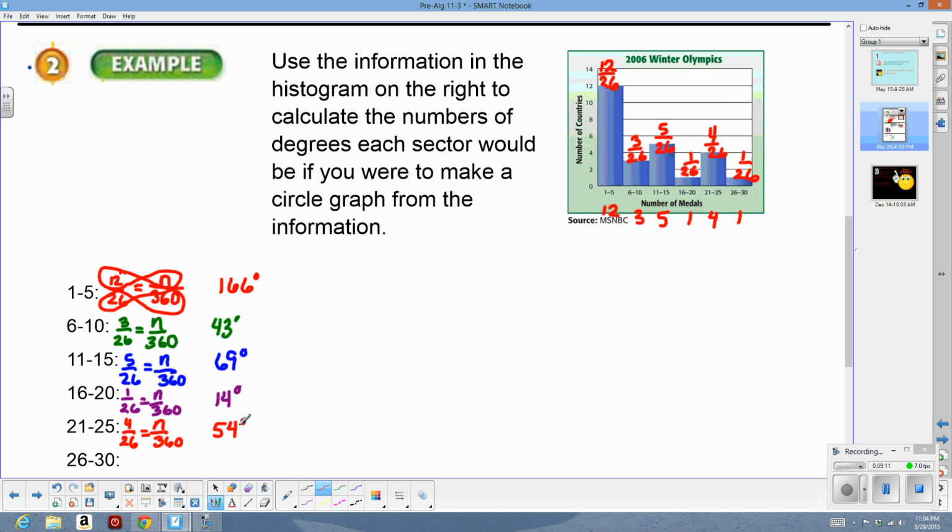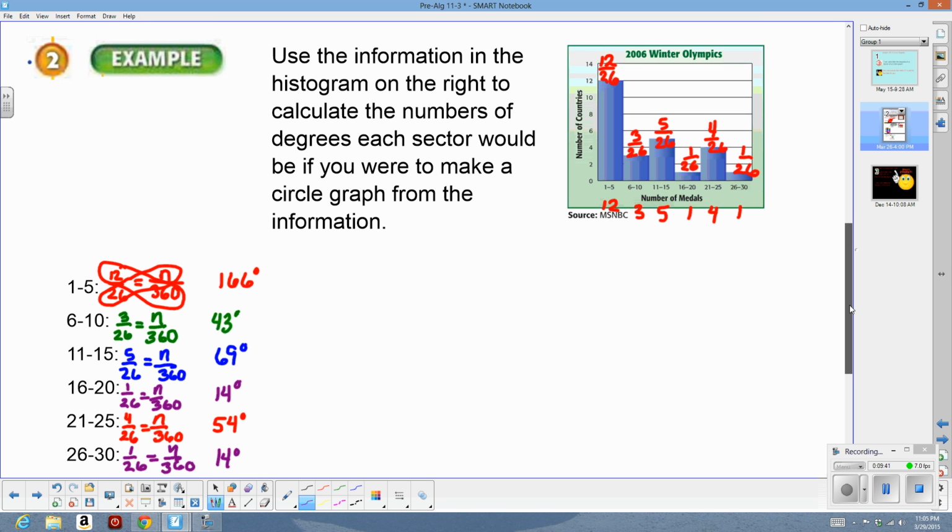And our last category was also 1 out of 26, so that's going to be just like this one right here. 1 out of 26 equals n over 360. And you solve that proportion and you get about 14 degrees. Now if you were to go and add all these degrees up, they should total 360 degrees, but since we did do some rounding on a couple of these, it may be off by a degree.